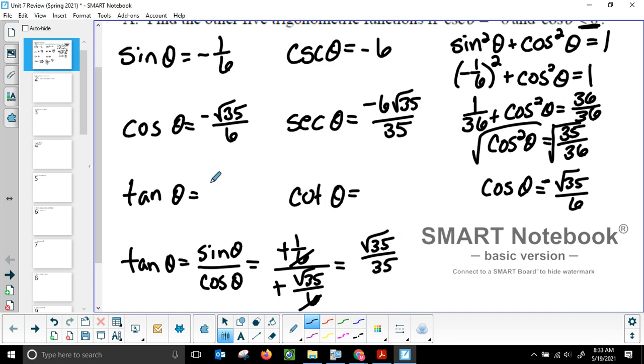So that's what my tangent will be. Of course, to get our cotangent, we just flip our tangent. However, it's a lot easier to flip it pre-rationalization, right? So if tangent is 1 over the square root of 35, cotangent is the square root of 35 over 1, or just the square root of 35.